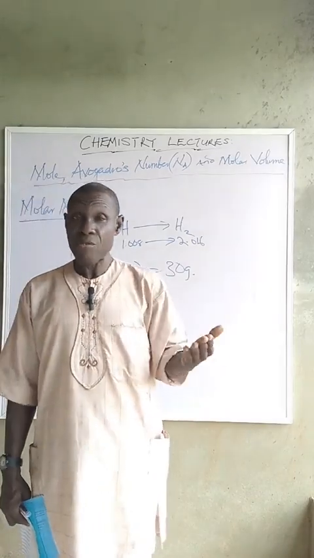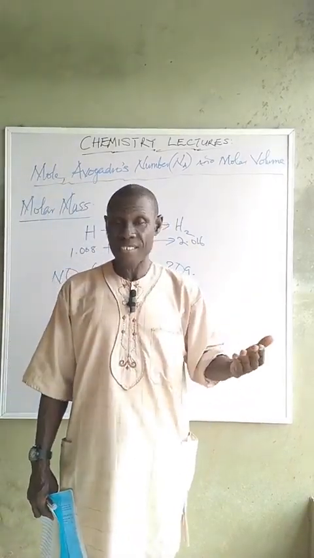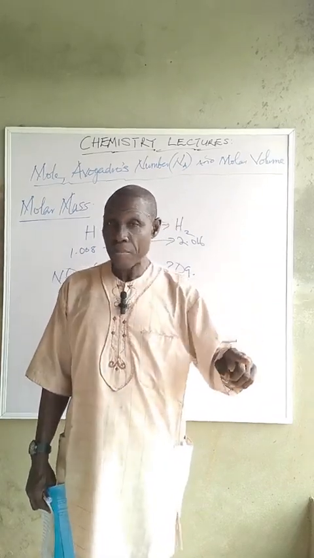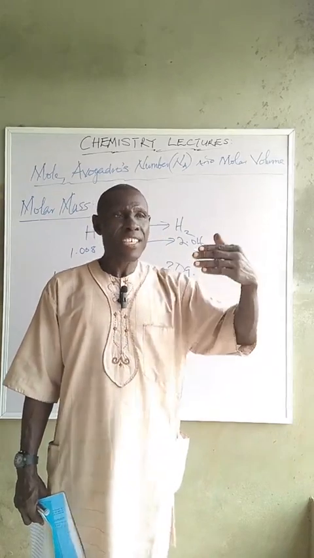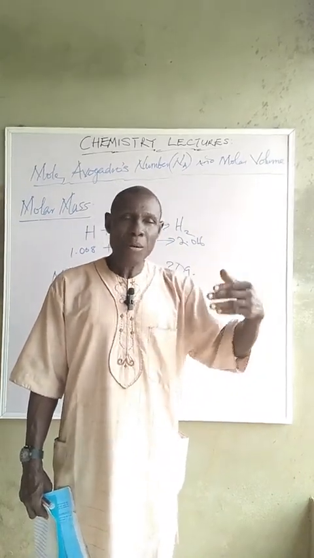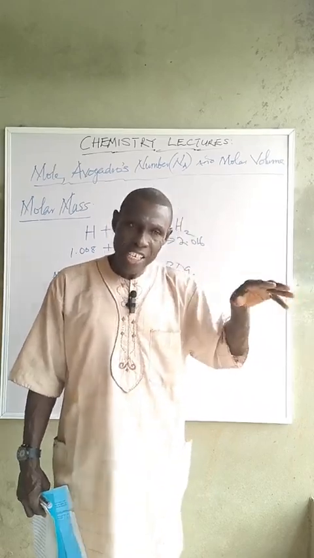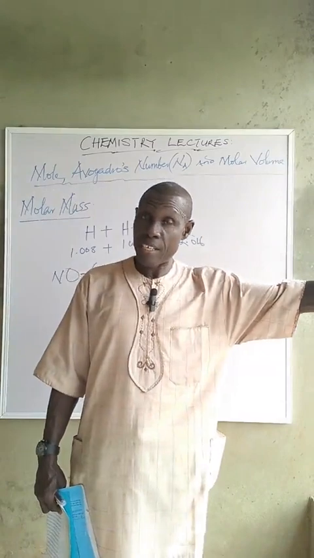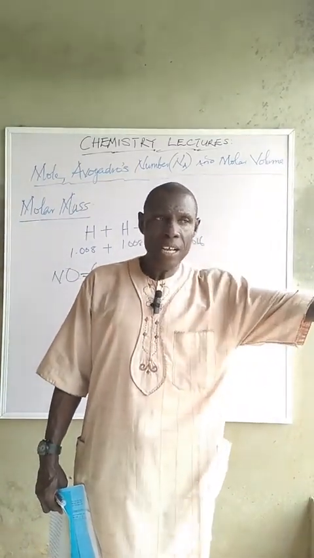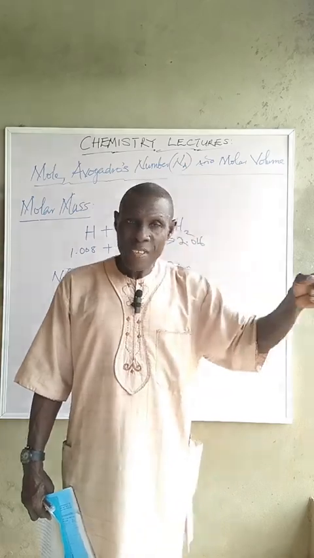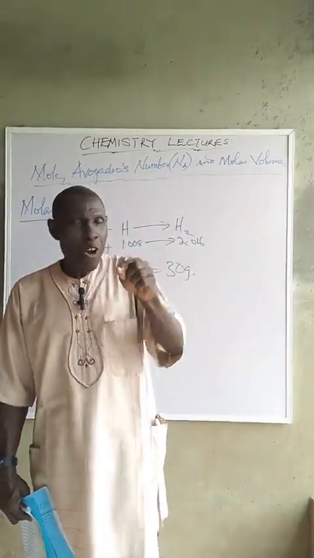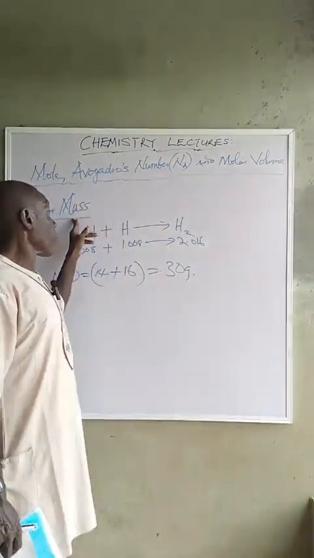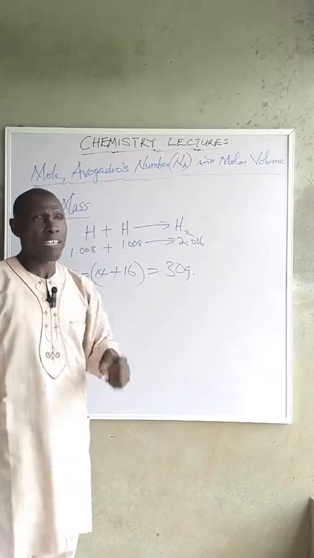Because the examiner may not give you the atomic masses of elements always, except on few occasions. So you must know them. So that if you are asked to give the molecular mass of so-and-so compound, then you know how many atoms are present in that molecular structure. Then you are able to determine the atomic mass of each of them. Add together, you get the molar mass of 1 mole of the compound.